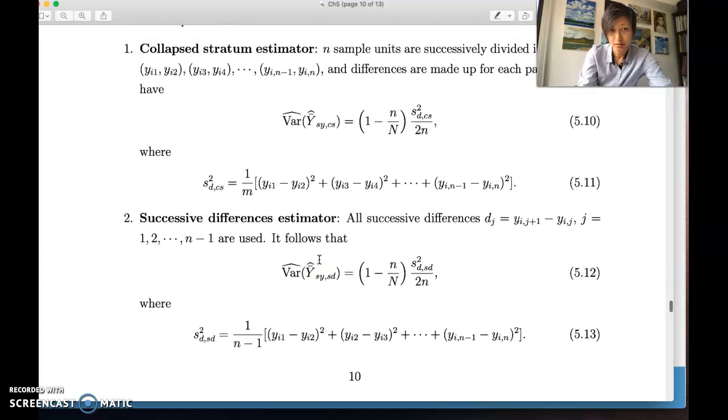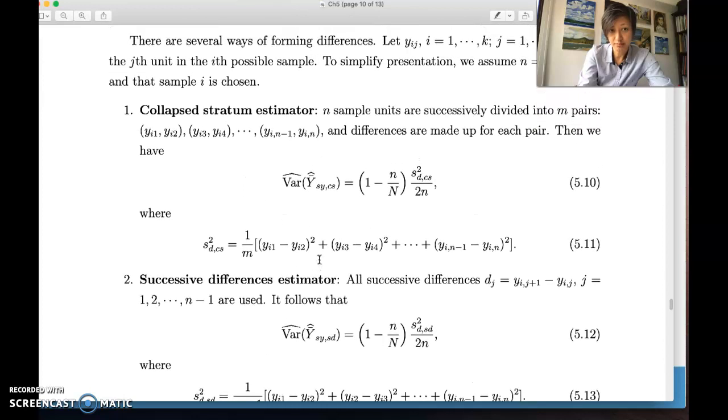Okay, so just to rewind a little bit. Under systematic sampling, we would have 4 methods of estimating the variance. First would be to assume the population is randomly distributed, so we may as well use the simple random sampling estimator. Secondly, we can use repeated systematic sampling.